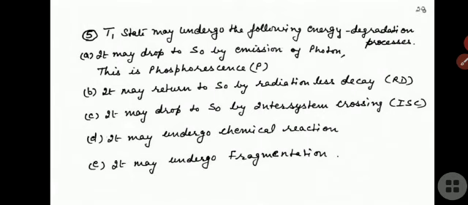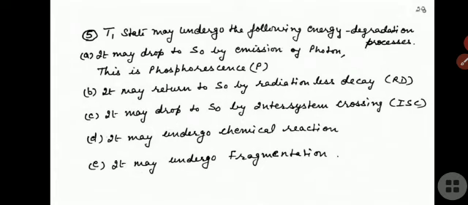It may drop to S0 by emission of photon, this is phosphorescence P. It may undergo fragmentation. All these consequences of the absorption of light are summarized in the figure.